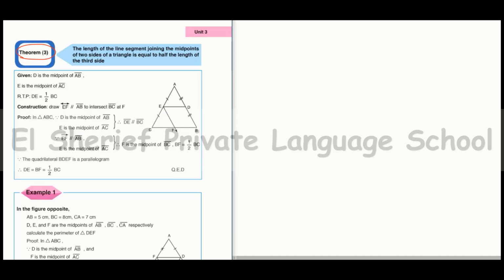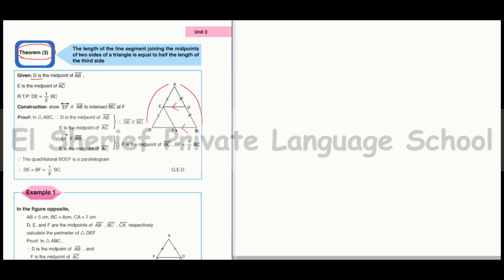Let me explain it. If E and D are two midpoints of the two sides AC and AB, so ED becomes parallel to BC according to theorem 2 of the triangle, and its length equals half of BC according to theorem 3 of the triangle.